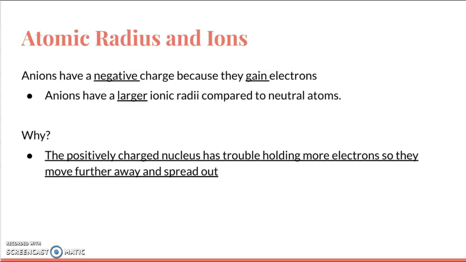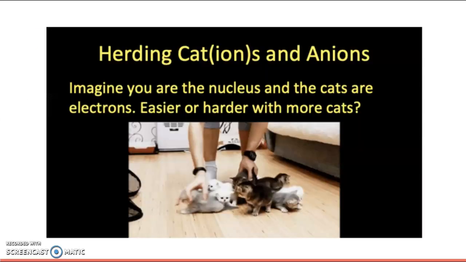And in true Miss Round fashion, let's talk about cats in this way. Imagine you had a nucleus, maybe it's a cat toy. Your cat toy is your nucleus, and your cats are your electrons. I'm proposing to you, is it easier or harder to herd all of the cats if I had more?